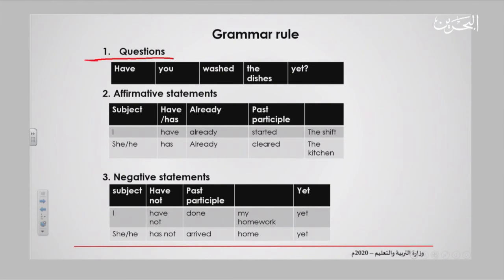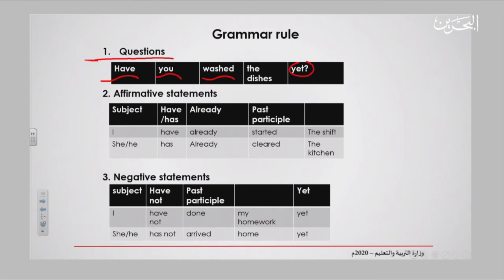When I want to ask a question, I start with have, then I address the subject, which is you, and then I move to the verb, which has to be in past participle form, the third form of the verb. For example, here, wash will be washed: Have you washed the dishes yet? Yet comes at the end, as I have previously said.